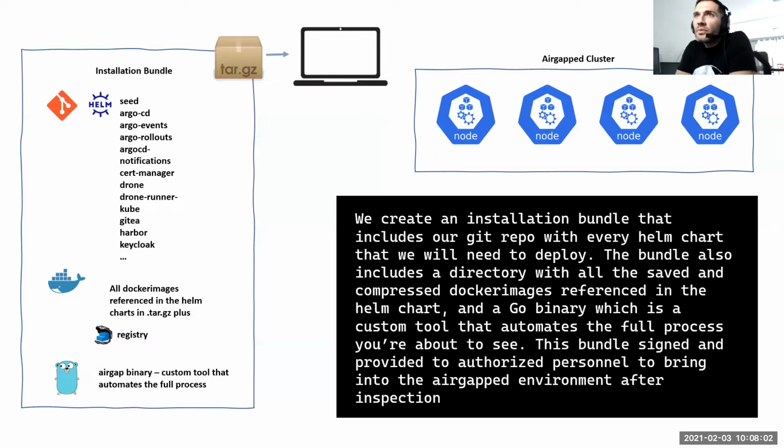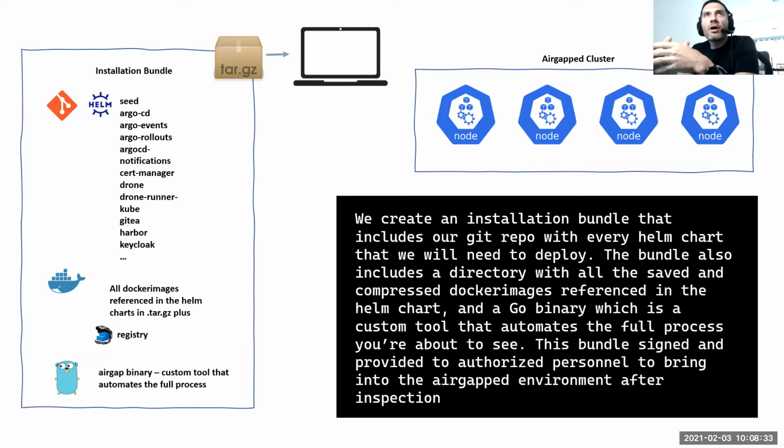The first thing that we do is we create an installation bundle. The installation bundle basically has the Git repo, the full Git repo, and since we cannot reach out for any Helm registry or any other repository, we take the community charts as they are and stick them in the repo right there. We also include a directory with all the compressed Docker images that all those Helm charts are going to use, right?